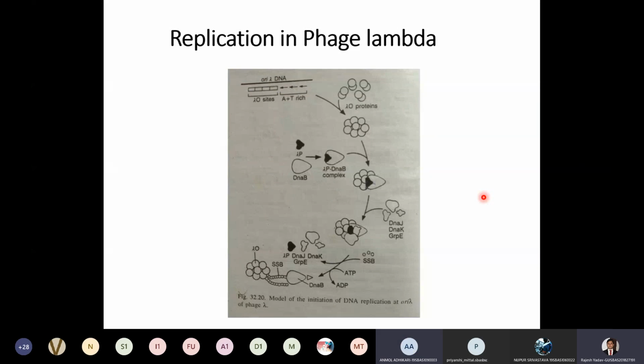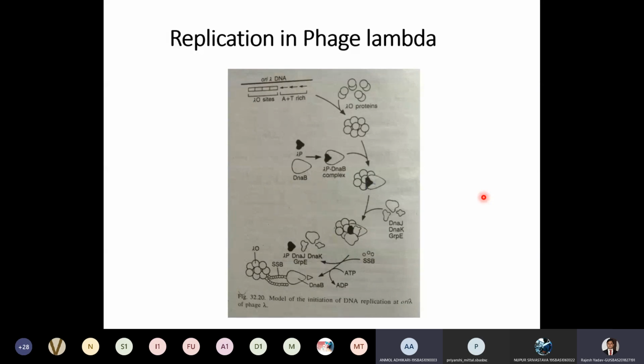So in phage lambda, replication starts with the initiation process. In phage lambda, the origin is known as origin lambda. It also has two sites, the lambda O site or the AT-rich site, and separation starts from the AT-rich site.